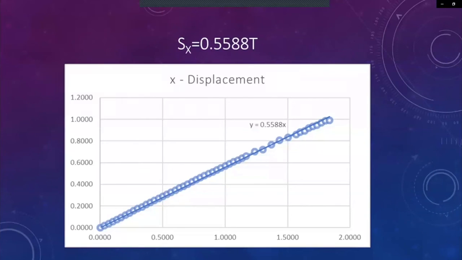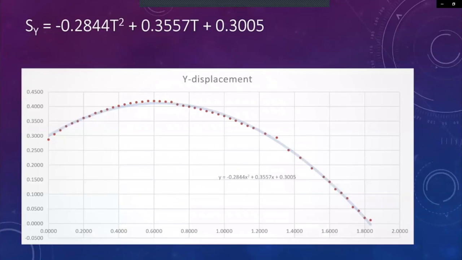The X displacement graph was linear because air resistance was negligible. However, the Y displacement was not, due to the acceleration from gravity.